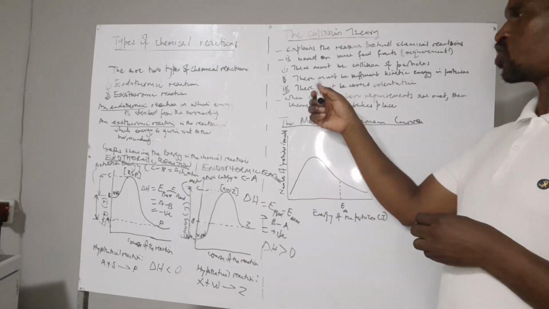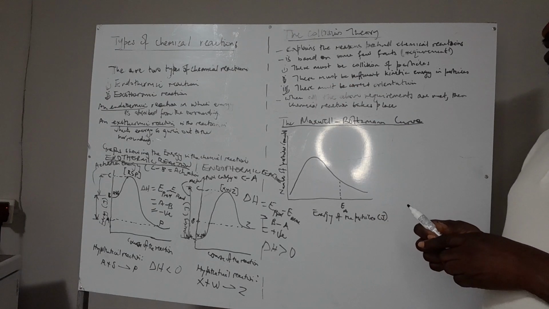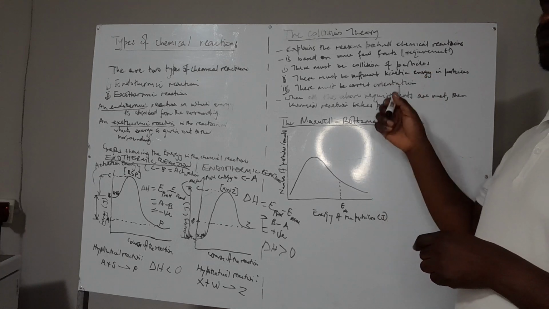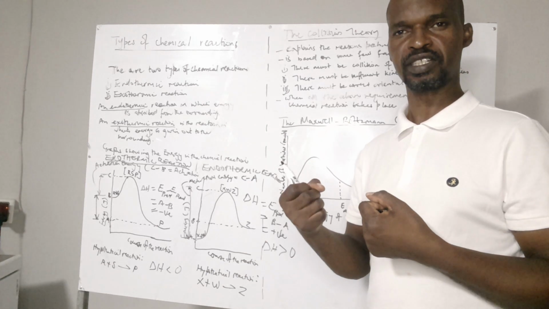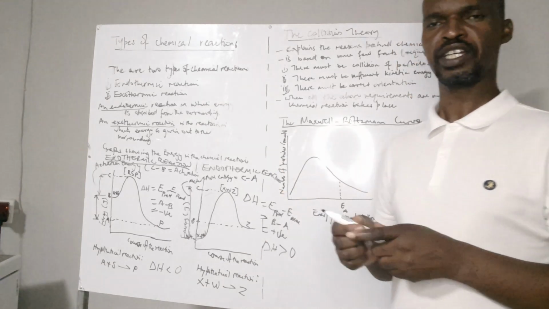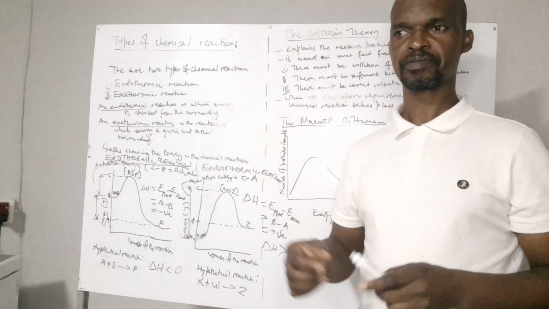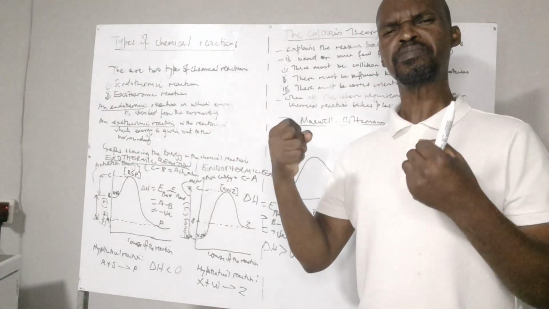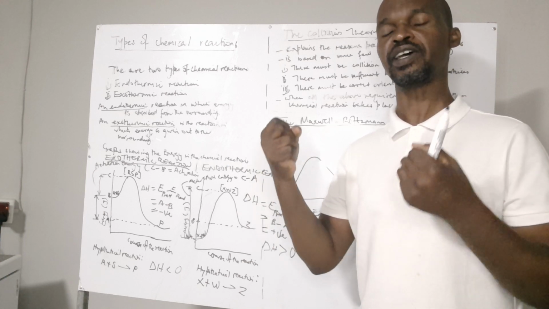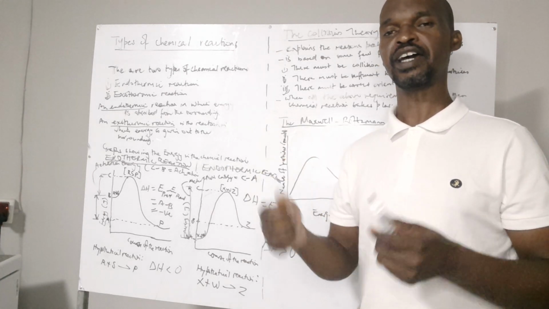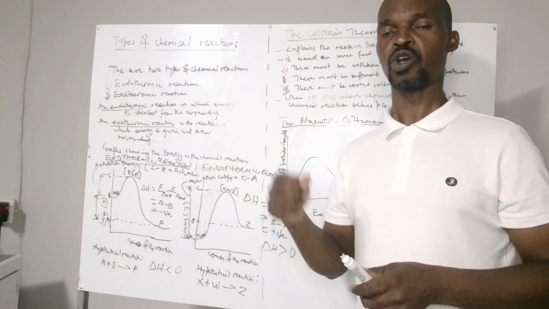And there also must be sufficient energy possessed by the particles so that the chemical reaction can take place. In other words, those particles that are colliding should have not more energy than required and not less energy than required. What does it mean?